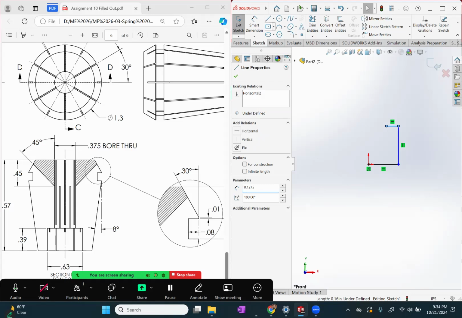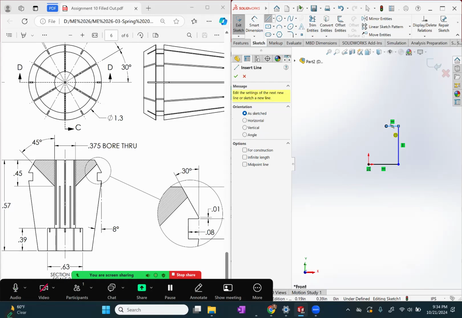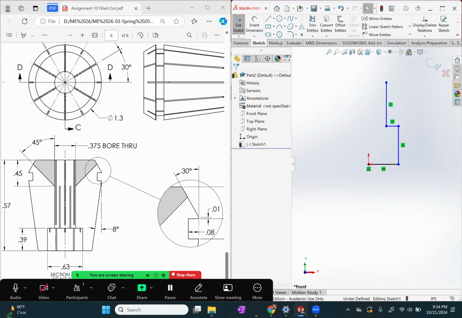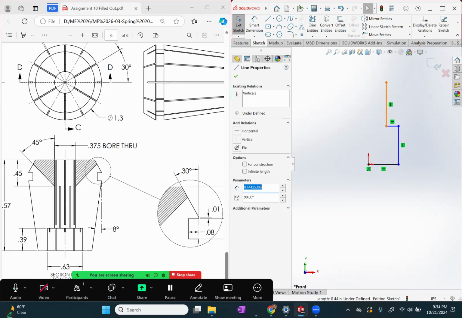So then we'll move back up. And I could find this distance by subtracting 0.57 and 0.39. So this is 0.57, our overall height, minus this height gives us this height, or 1.8. That's not correct. That doesn't even look right.